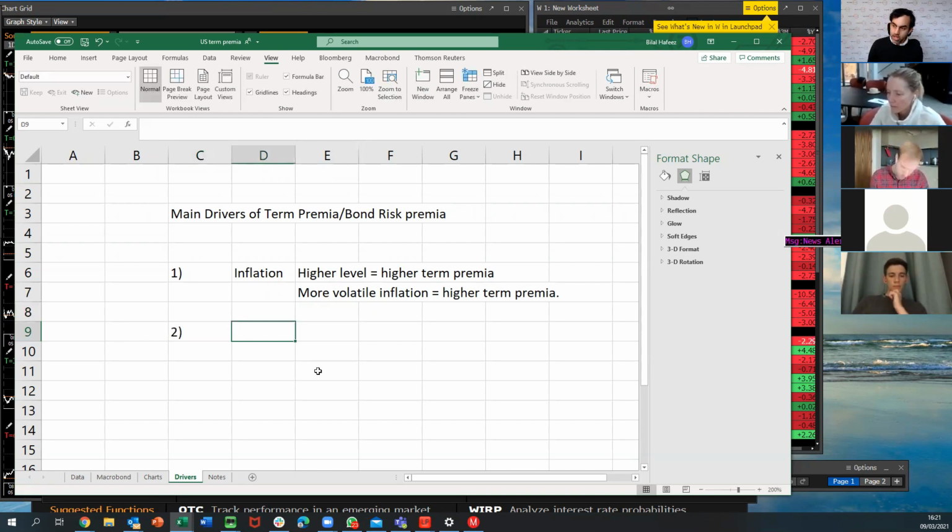The second big driver is, technically, the covariance between bonds and other markets, but what you could really say is the correlation between bonds and equities.